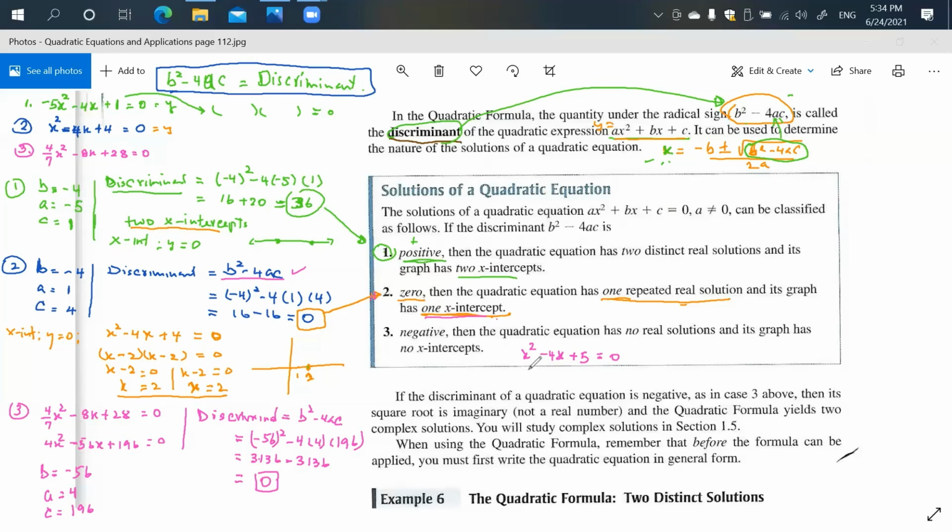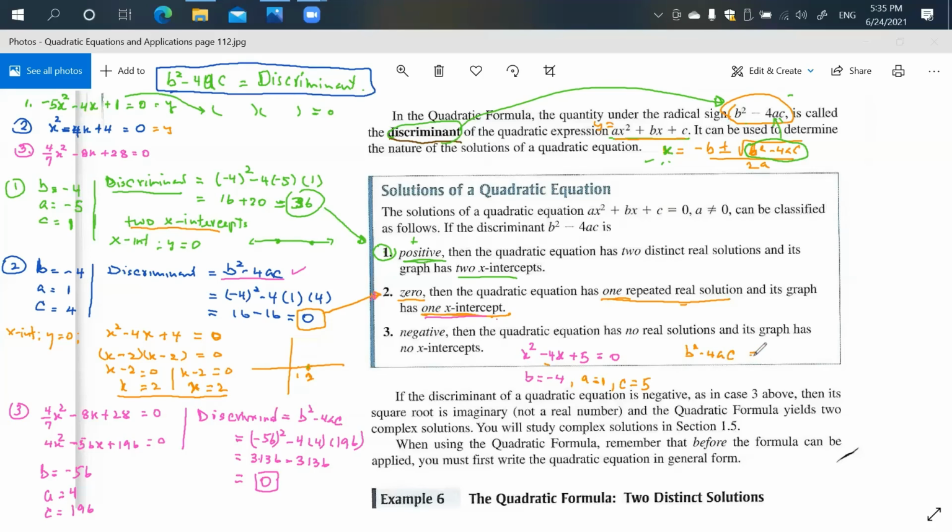Then we try this one, right? The discriminant. From this one again, you find b equal to negative 4, right? This one negative 4, this is b. And then a equal to 1, right? The front is plus 1. And then c equal to 5. Now you replace in the formula discriminant b squared minus 4ac, right?